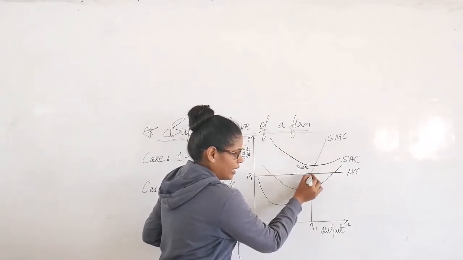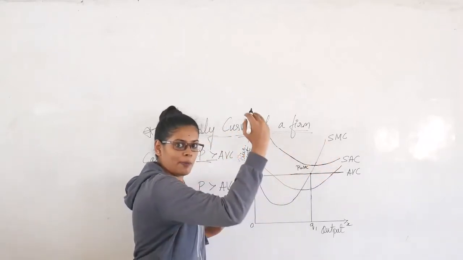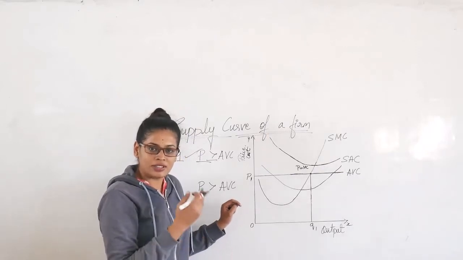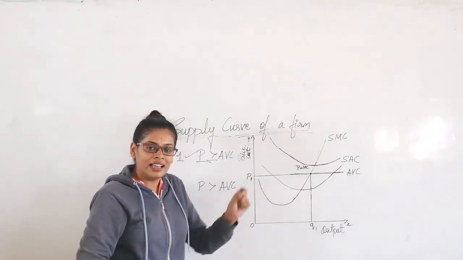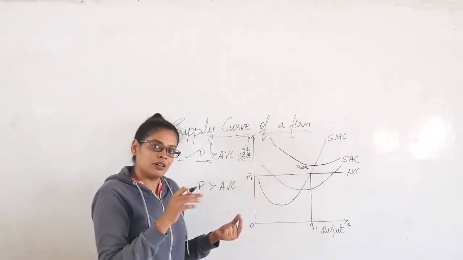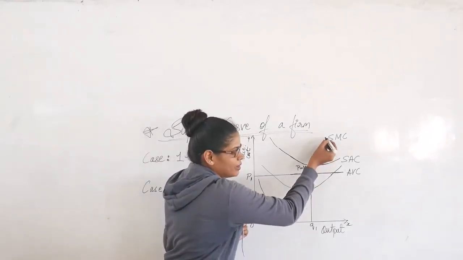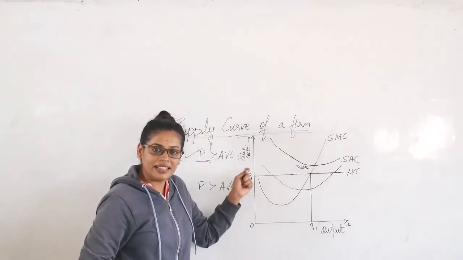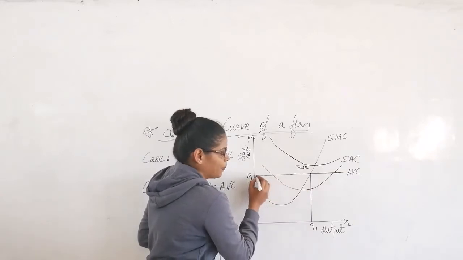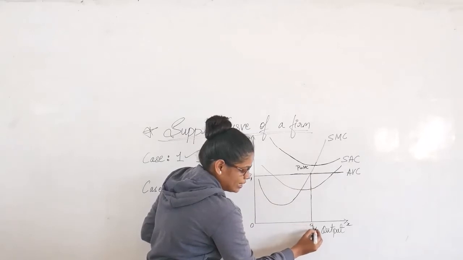At this point you can see that the marginal cost curve is rising upwards. It is not decreasing, which is the second condition, right? The second condition stated that the marginal cost must be non-decreasing at Q0. After this point the marginal cost curve is rising upward, so the second condition is also satisfied. When the price intersects at this point, Q1 is derived.